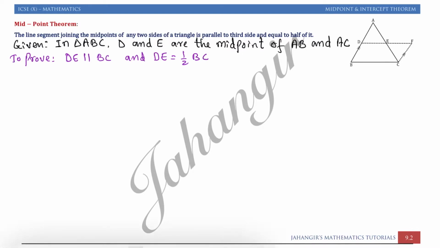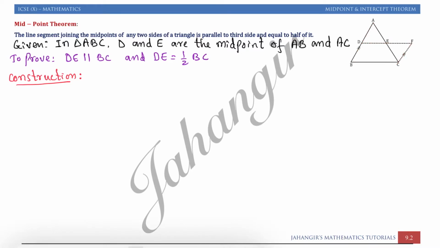For that we have to construct something. So we will write construction. Proving is always done with a construction part. Some part we are constructing and we are assuming. We are constructing this line: a line through C which is parallel to AB, meeting DE at F. This line you have to draw.